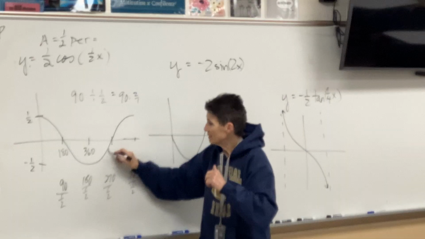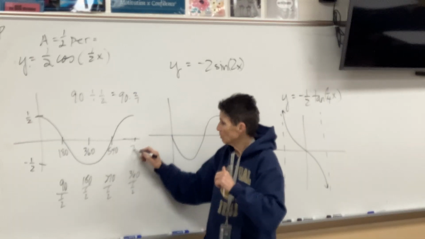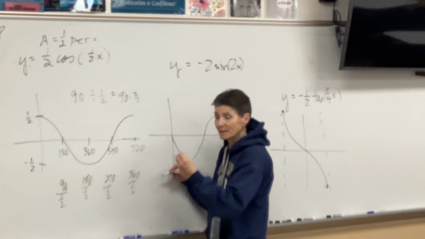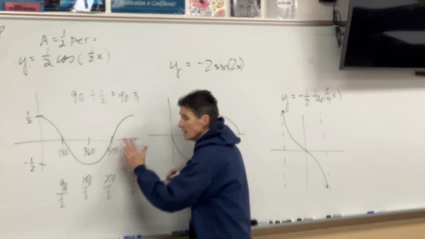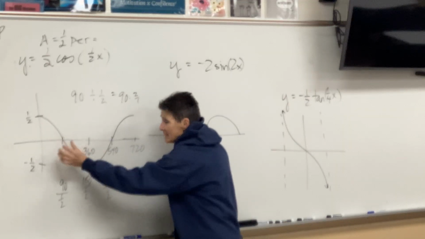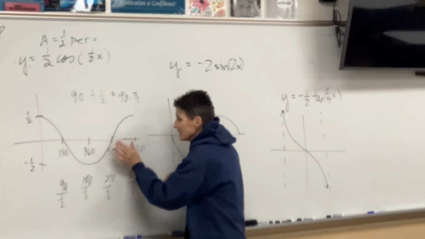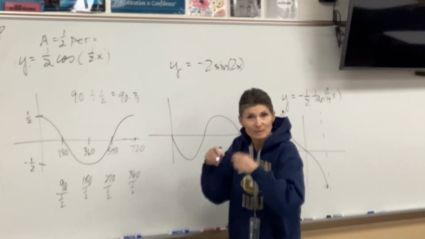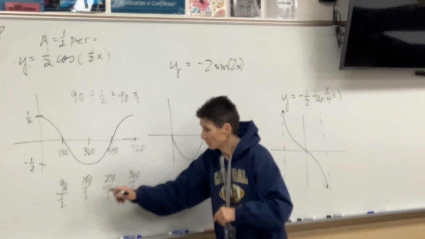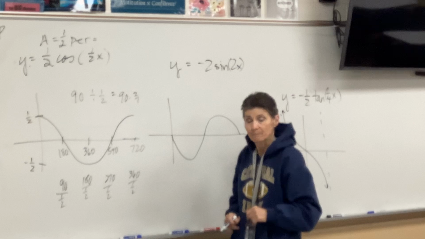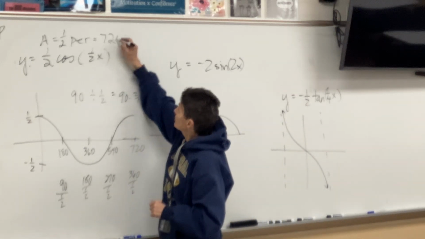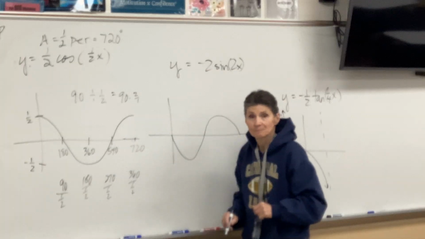And then this will be 540, and this will be 720. I'm getting those because I recognize these are all equal intervals. And so if that's 180, then this is 180, this is 180, and this is 180. So I'm just adding 180. Or I can do this division for each of these numbers. So my period is 720 degrees.